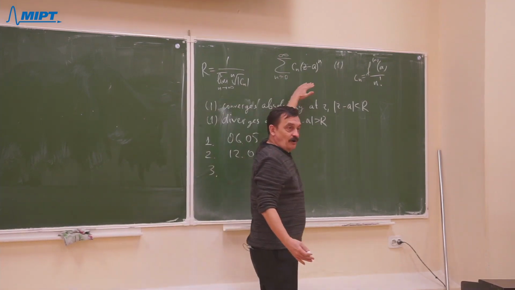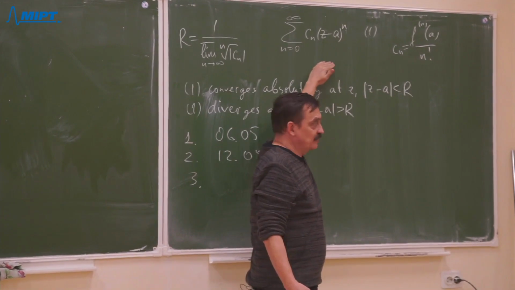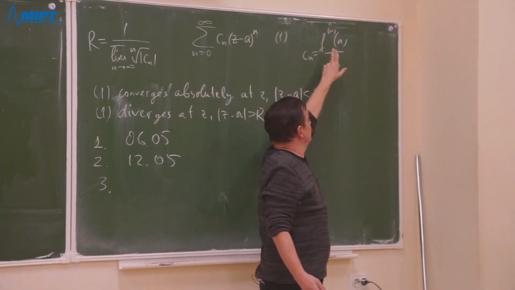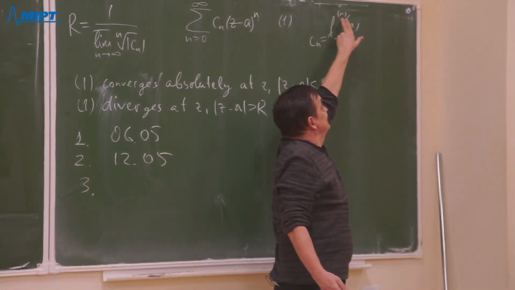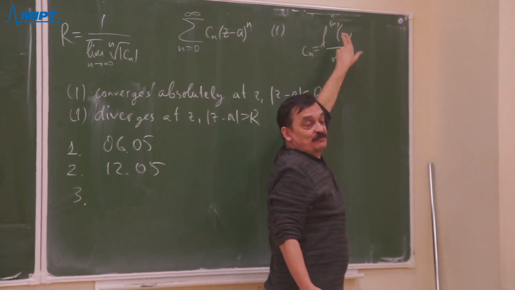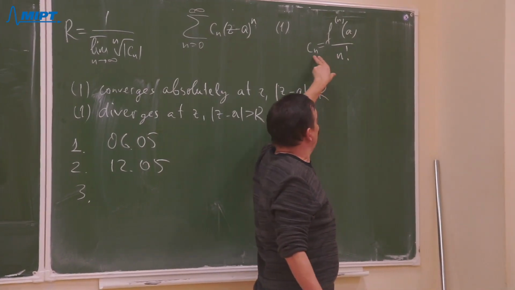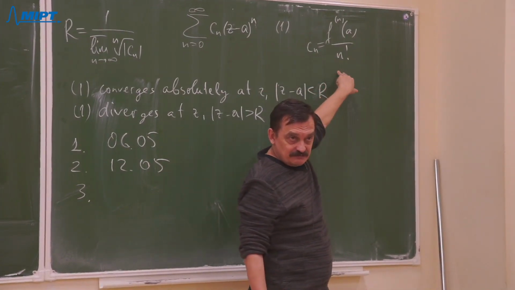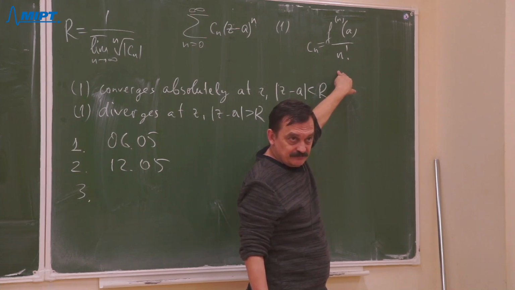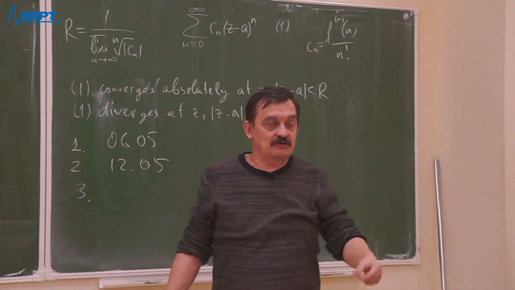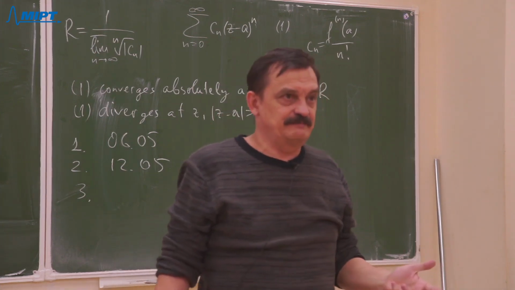So, that is a power series, right? If you have a function f which has derivatives of arbitrary order at the point a, then you can define numbers c_n by this formula, right? And the power series with those coefficients is called the Taylor series of a function, right?